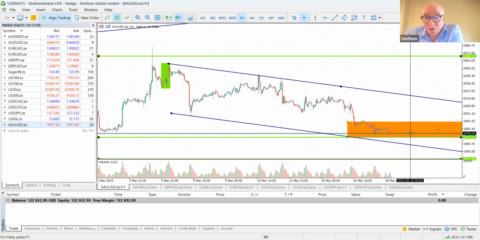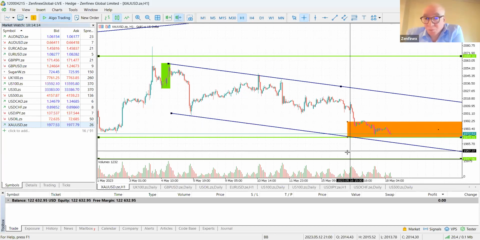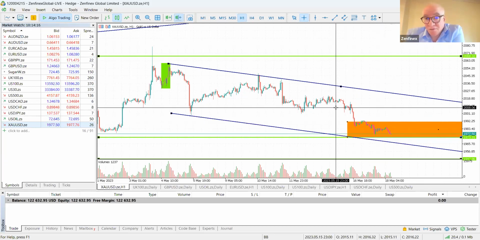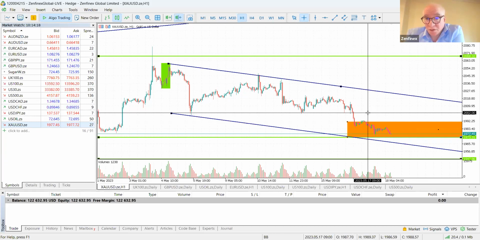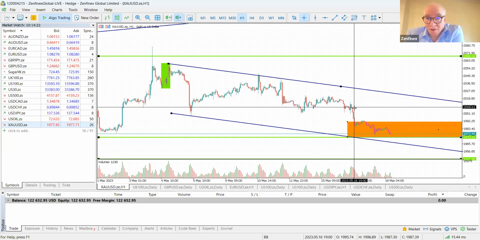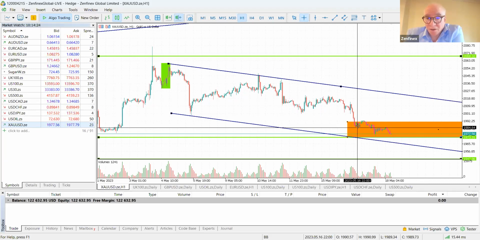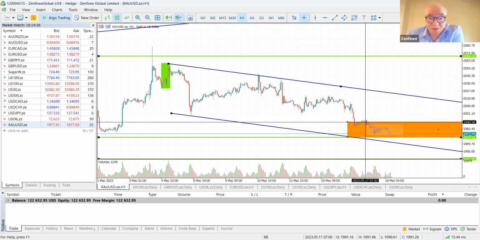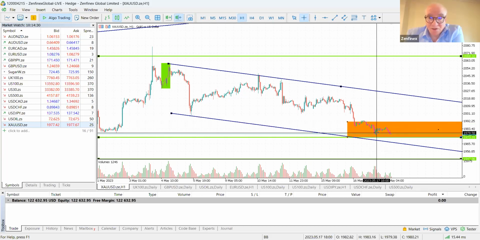We want to see if we can get a short, but where do we take the short from? Pointless just jumping in and taking a short. We want to see if there are any entry points that we can look for. So we can see here, as price came down, it created the top of this consolidation zone, and it's now continuing going down.